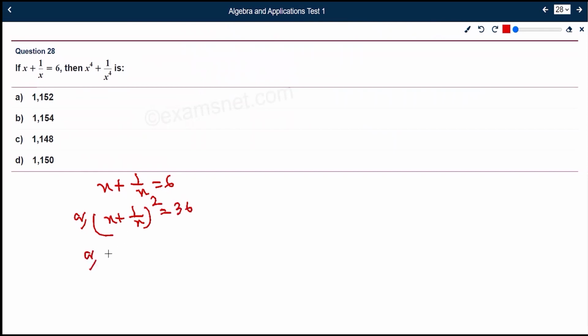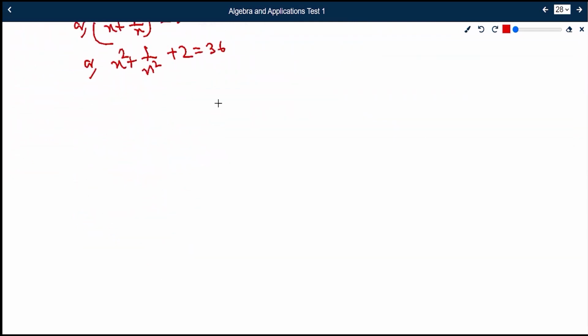Now let's expand this according to the identity: x square plus 1 by x square plus 2 equals 36. That means x square plus 1 by x square becomes 34, correct?